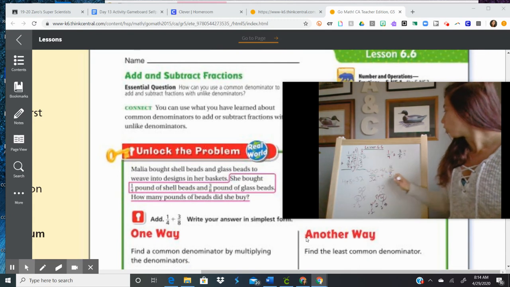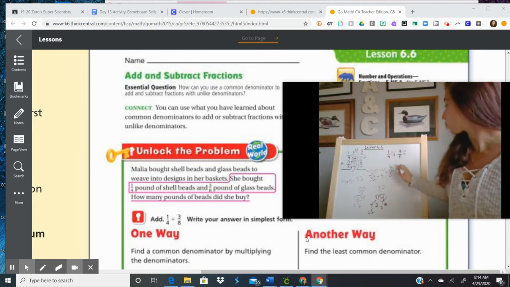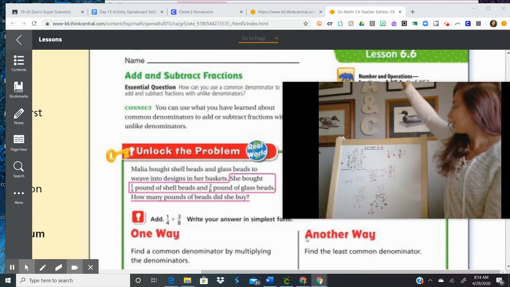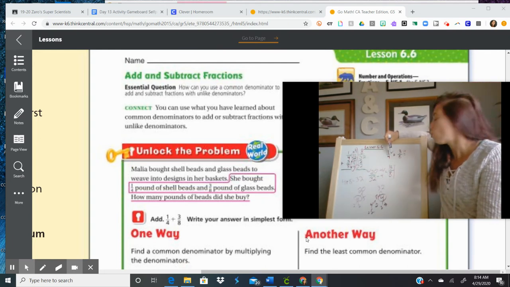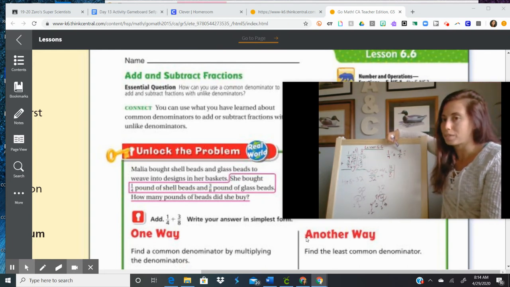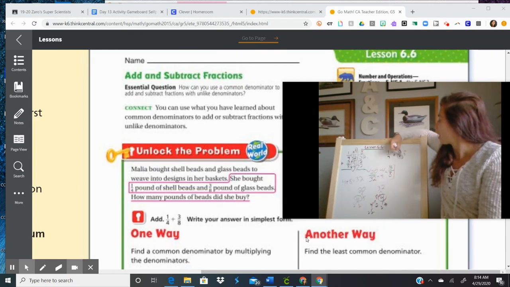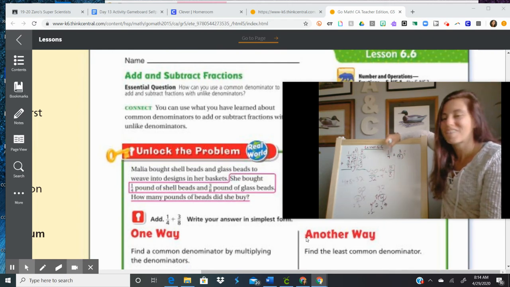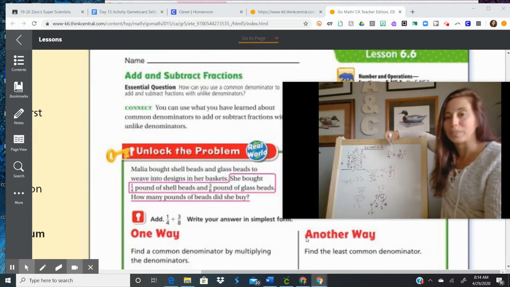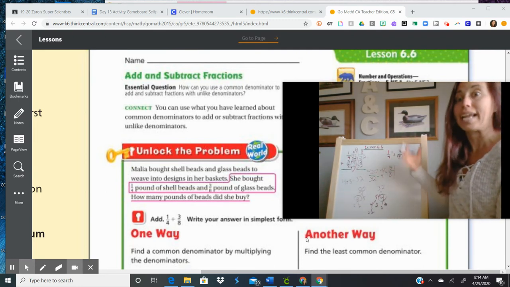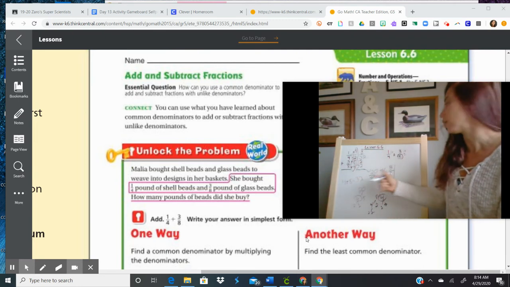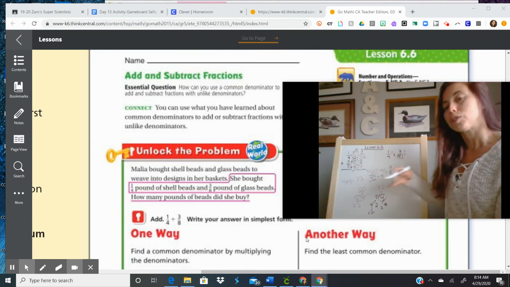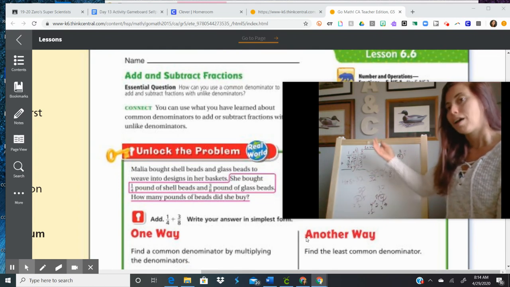But we're going to go ahead and check it in a different way, because you know what? 4 and 8, they have another common denominator that we know right off the bat. 8. Because 8 can go into itself, the multiples of 8 are 8, 16, etc. And 4, the multiples of 4 are 4, 8.